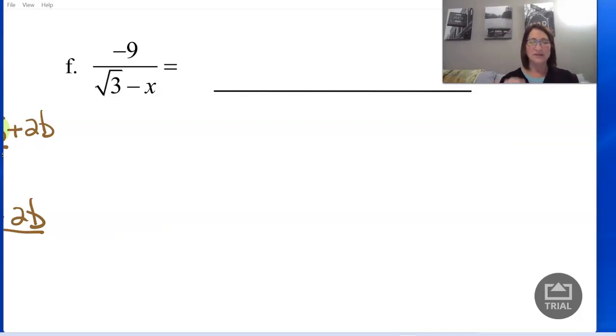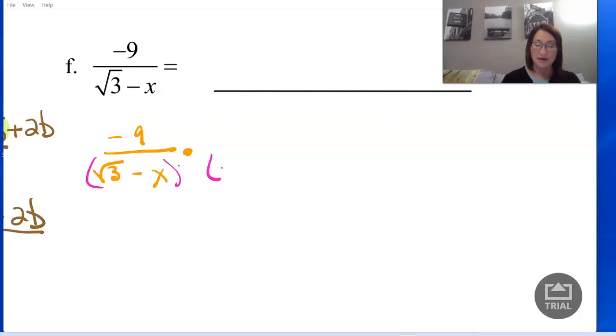So now let's go ahead and rewrite this. Negative 9 over square root of 3 minus x. I'm going to multiply by its conjugate from the bottom, so that'll be the square root of 3 plus x.